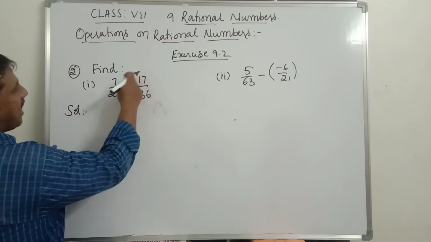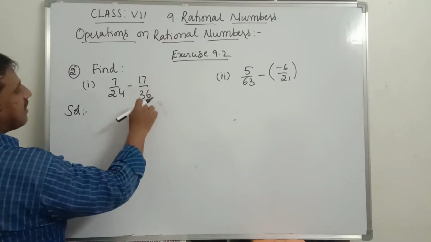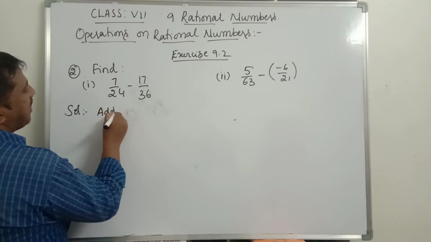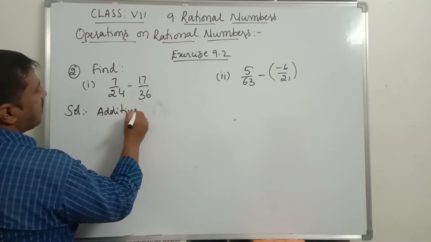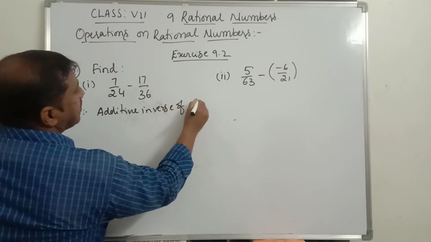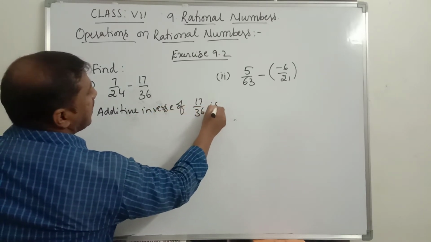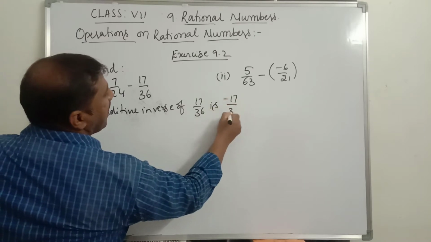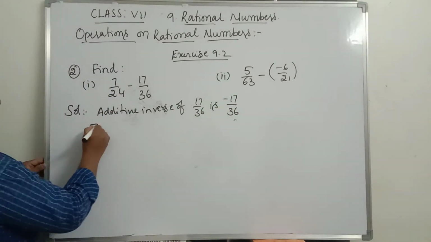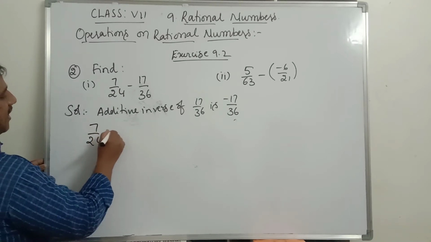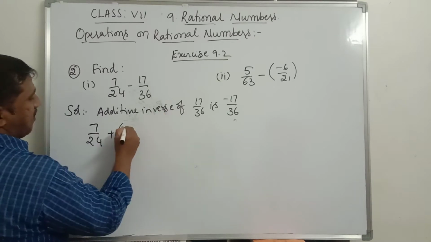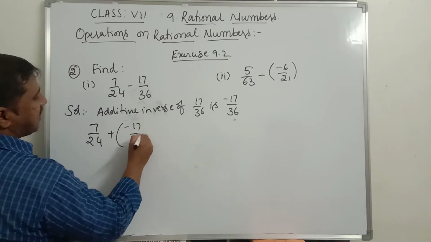Here the second one is 17 by 36. First write the additive inverse of 17 by 36, which is minus 17 by 36. Now 7 by 24 plus, we will add the additive inverse of the second rational number, which is minus 17 by 36.